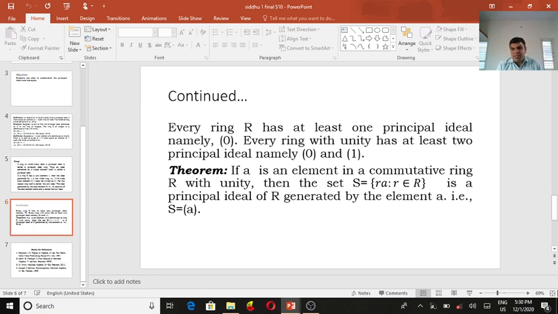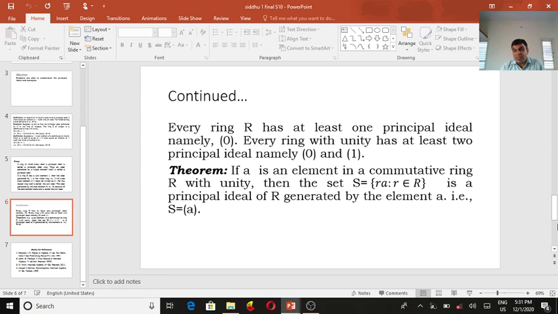If a is an element in a commutative ring R with unity, then the set S equal to the set of all ra, such that r belongs to R, is a principal ideal of R generated by the element a, that is, S equals the ideal generated by a. Multiplying by all elements, we get the whole set. This is the principal ideal theorem.